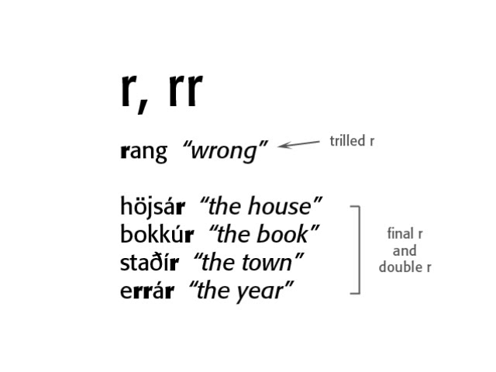For example, huisar, bohkur, stadir, erjar. As with some of the other sounds I've described, the surrounding sounds also affect the pronunciation of R, but I won't go into that. The most important thing to recognise here is the basic distinction between the two R sounds.